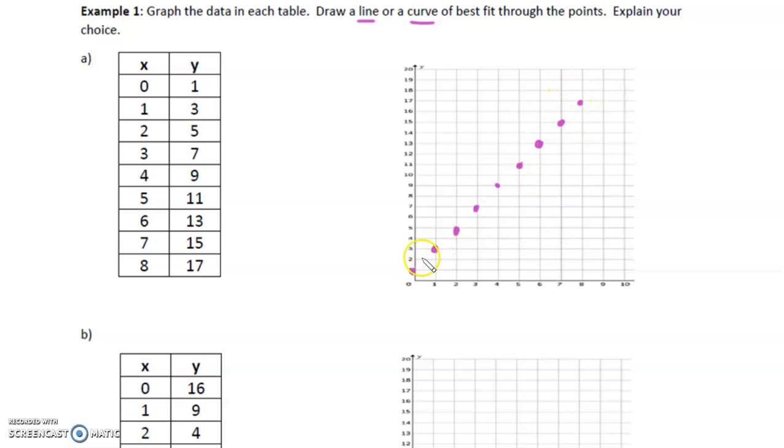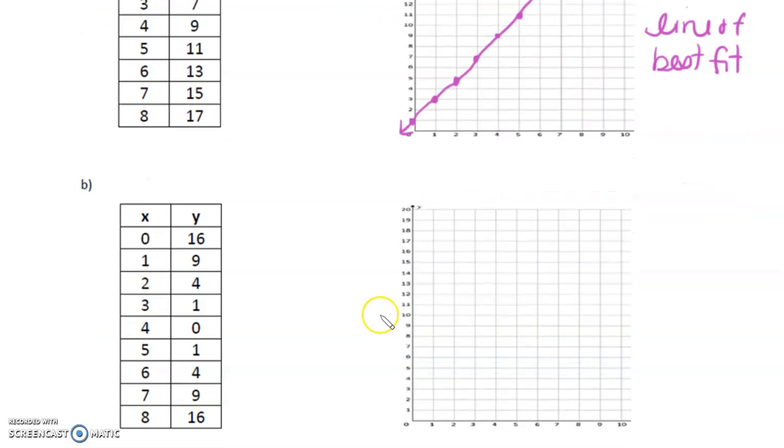Okay, this looks like a line. It's not deviating, it's not curving at all. So I'm going to choose line of best fit. I'll put an arrow at that end too, because we're choosing the line.